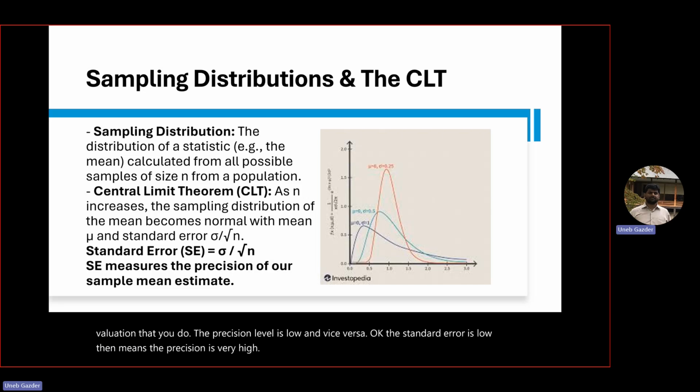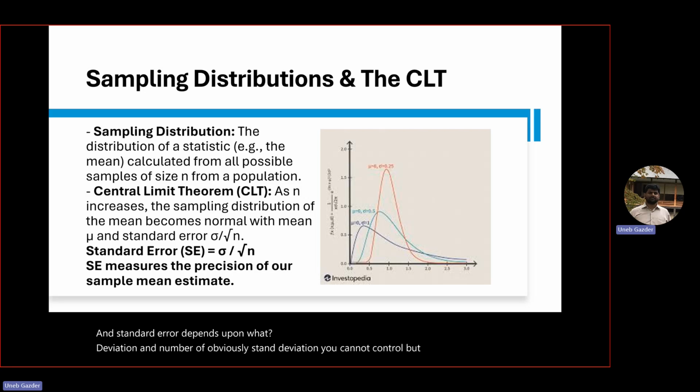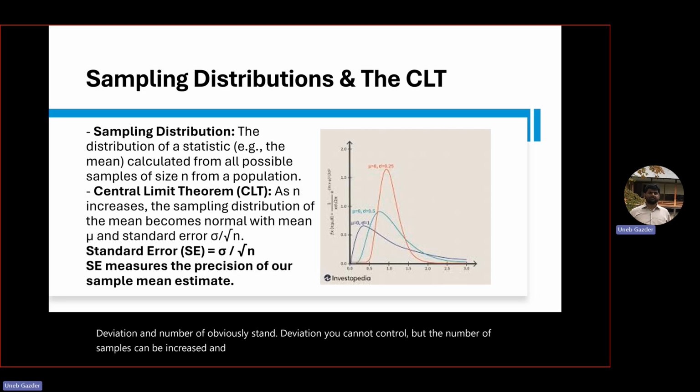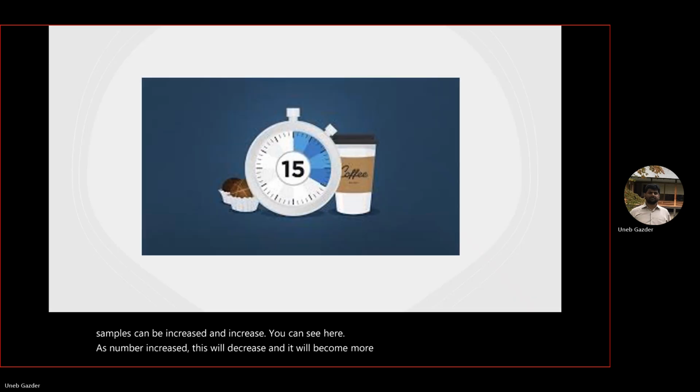And standard error depends upon what? Standard deviation and number of samples. Obviously, standard deviation we cannot control, but the number of samples can be increased or decreased. So you can see here, as the number increases, this will decrease and it will become more precise.